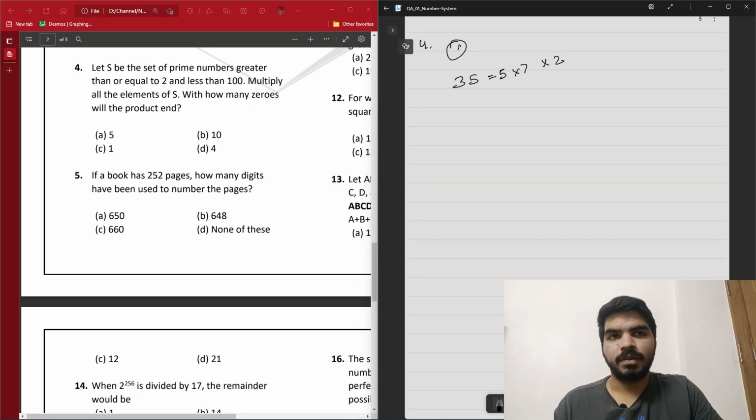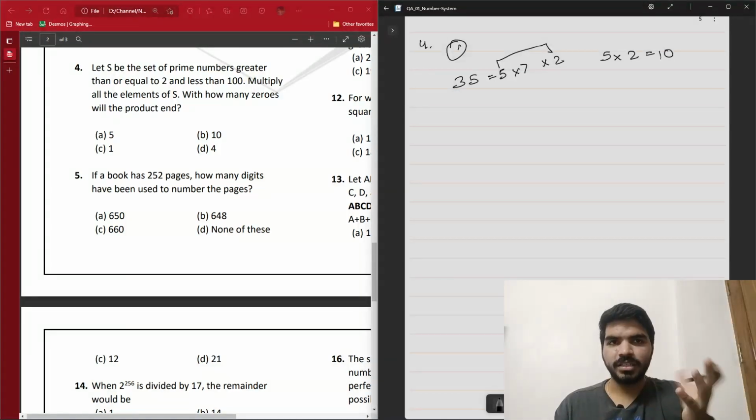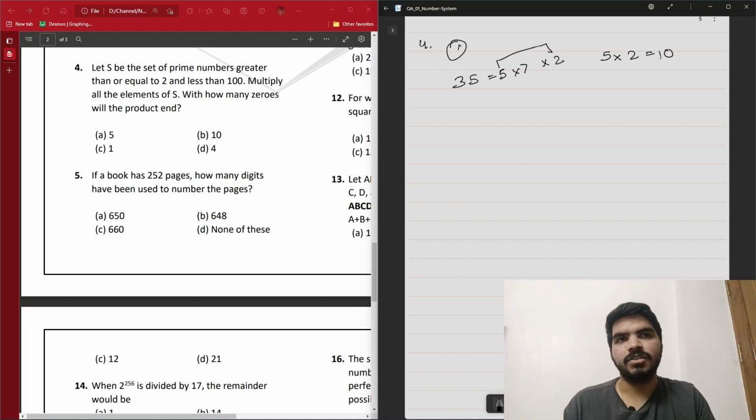We need to multiply it by 2 to make this pair, 5 and 2, because they are the only numbers which can provide you 10 in any factorization. You multiply it by 4, but 4 can further be broken down into 2 and 2. So again 5 and 2 are the numbers which should be there in the expansion to get you the product as a multiple of 10.